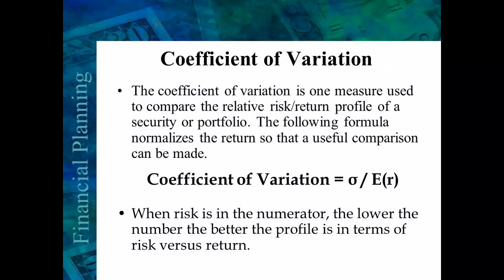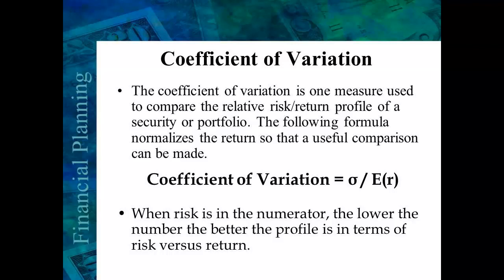The coefficient of variation is one measure used to compare the relative risk-return profile of a security or portfolio. The following formula normalizes the return so that a useful comparison can be made. The coefficient of variation equals the standard deviation divided by the expected return.